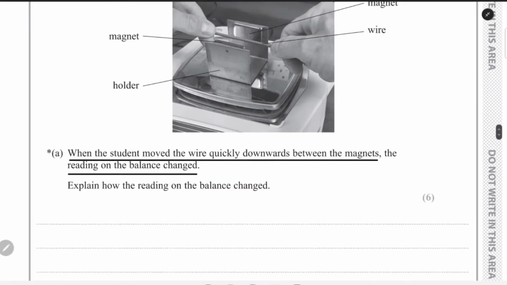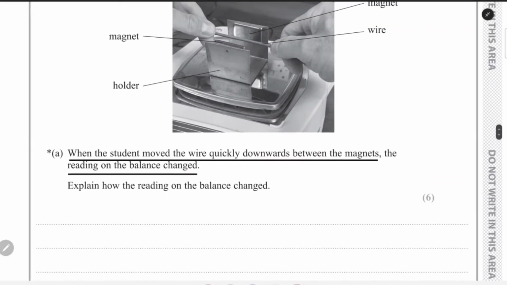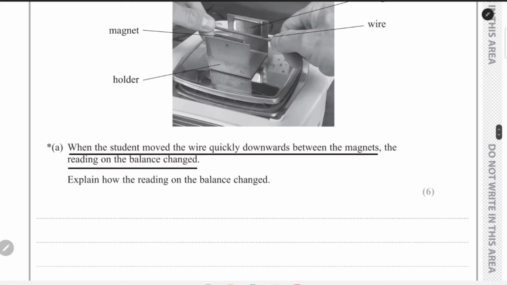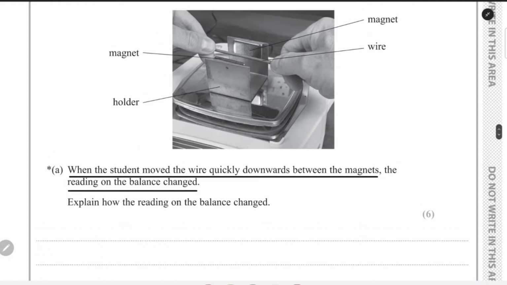So the flux linkage of this wire will change when it's moving down the magnetic field, which will cause an induced EMF in this wire. The induced EMF will cause the wire to have a current in it, and according to Lenz's law, this will oppose the direction of motion of the wire.